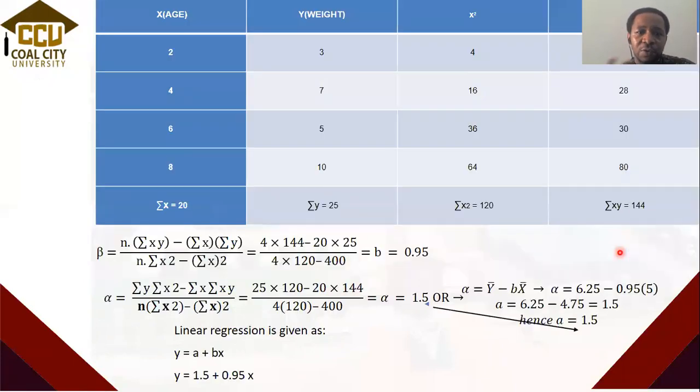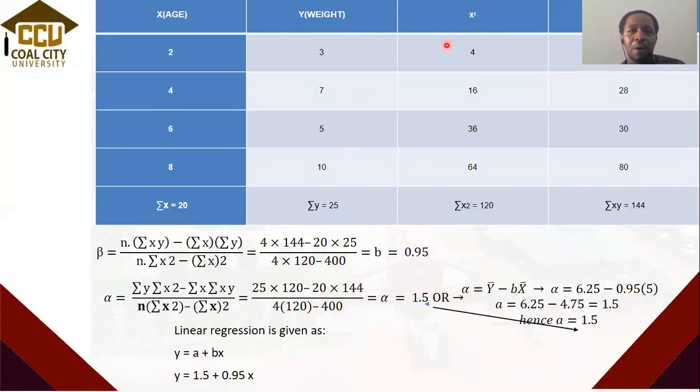Now you could be asked to find a linear regression equation for this. This is a much simpler way of deriving the simple linear regression equation. The first thing you have to do, since you've outlined these values here, is to square them. This is x, the age, and this is y, the weight.